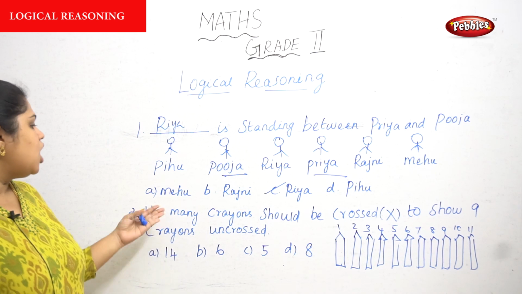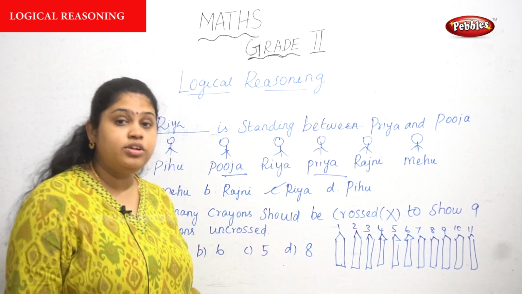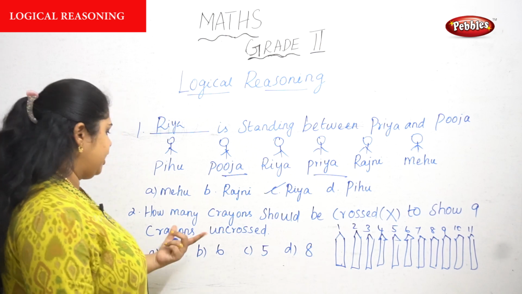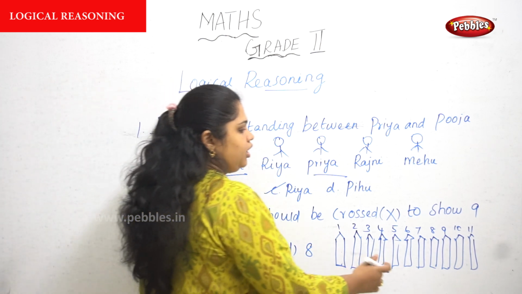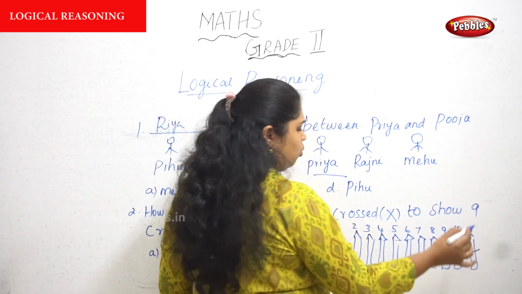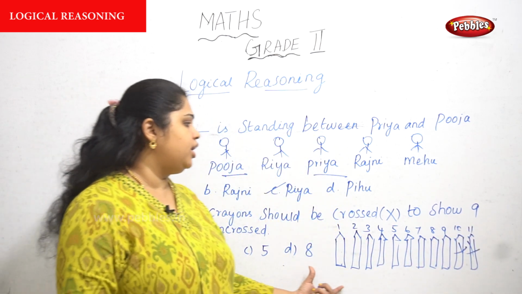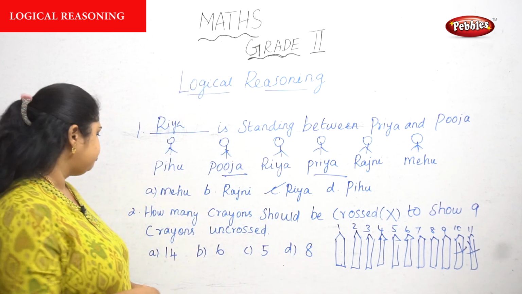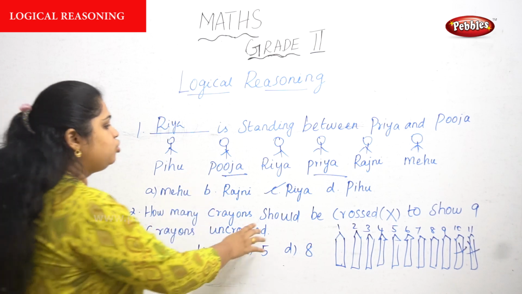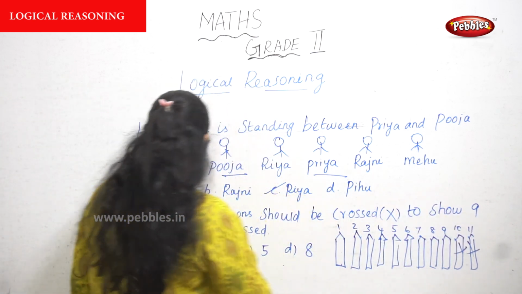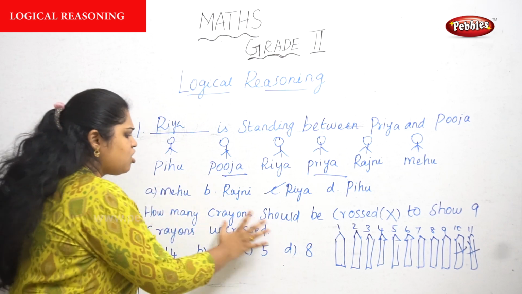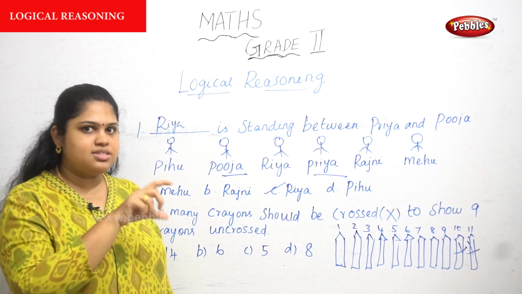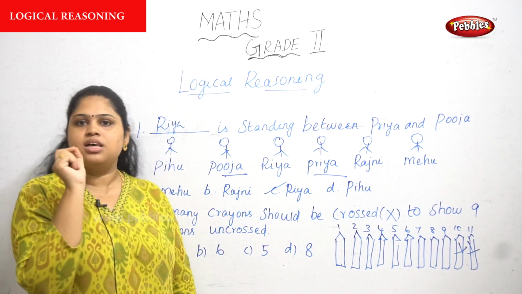So what is the question? How many crayons should you cross out to show only 9 crayons uncrossed? Only 2 crayons can be crossed and you get 9 crayons. The word uncrossed is an unnecessary word, given just to create confusion.